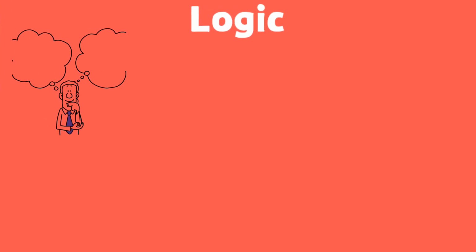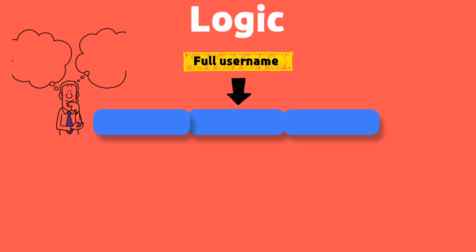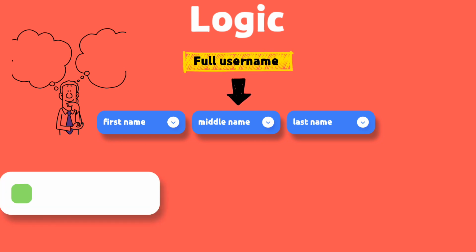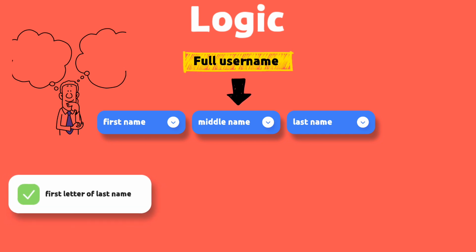The logic of the program is simple. First, the program will ask the user to enter the full name of an employee, which may contain 2 or more names. The program will then split the full name into individual parts so that each name can be handled separately. Next, the program will take the first letter of the last name and place it at the beginning of the email address.